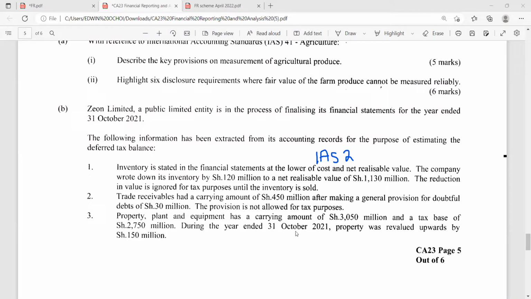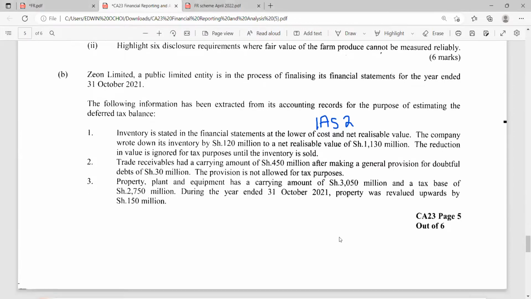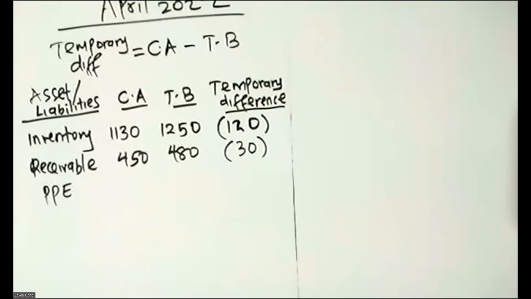During the year ended 31st October 2021, property was revalued upwards by 150. What does that one mean? Do you have to increase the carrying amount?